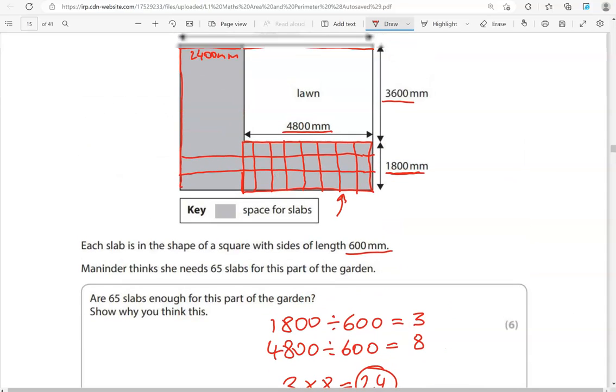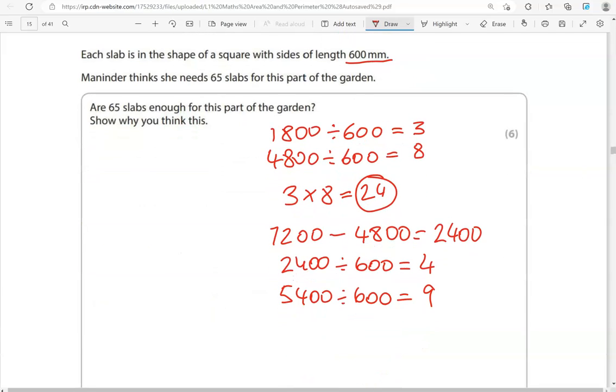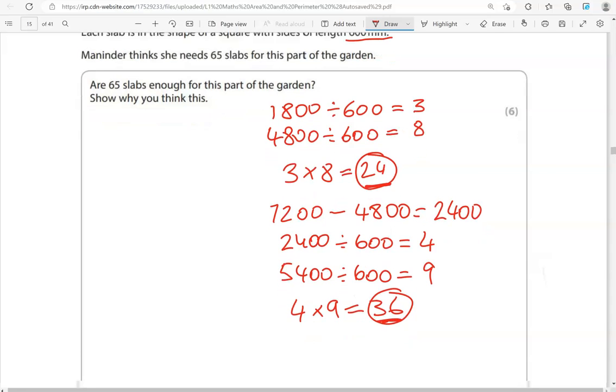So in this rectangle here, there will fit 4 times 9, which is 36 slabs. And the 24 we had for the other rectangle.